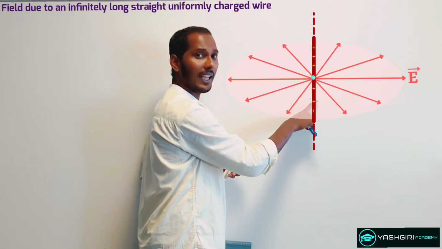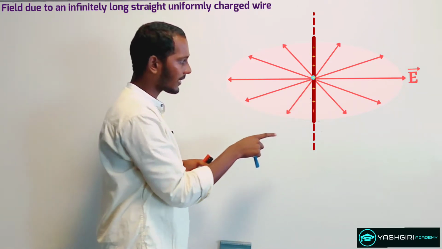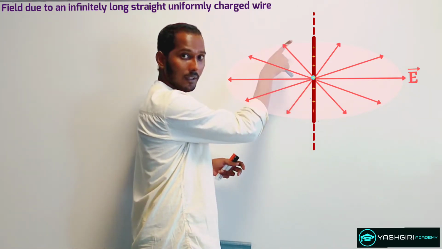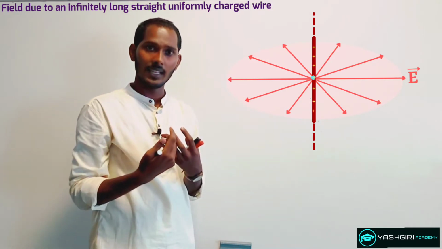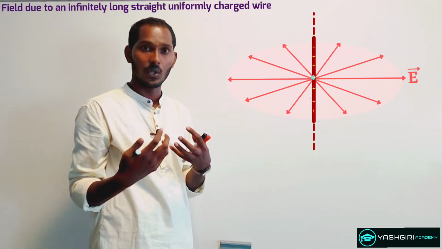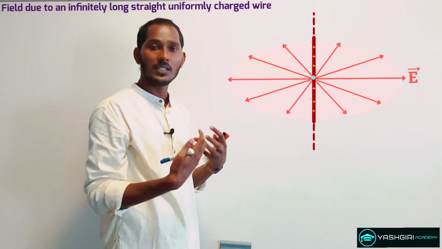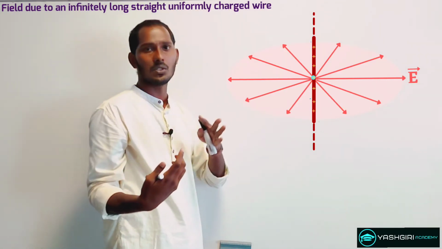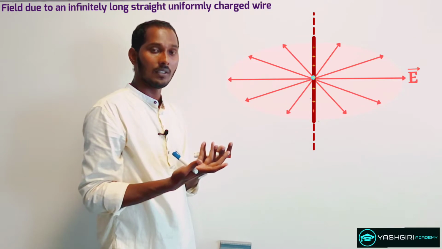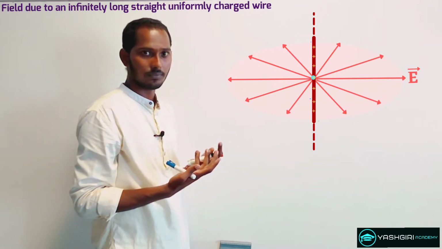The same field lines will continue for the rest of the length of this wire. In general, I can say that the electric field lines are radial in nature, pointing outwards if you have a positive charge, or inward if you have a negative charge.